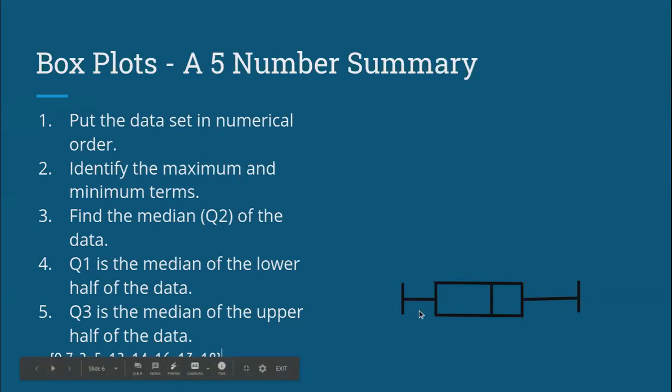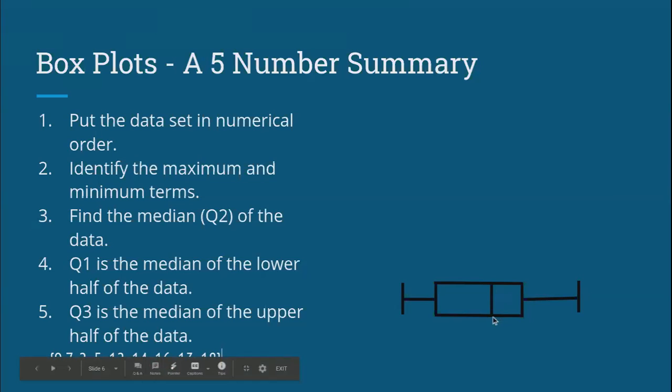So we have found so far the minimum and the maximum. So that's 2. In step 3, we find the median of the entire data set. Remember, the median splits the data in half. So that is the middle of the data set.